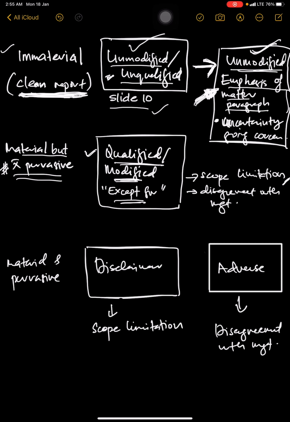For example, you have been appointed in February, but the accounting period ended on 31st December last year, so you are not able to perform your job because of scope limitation. Disagreement with management is the other criterion. If the management says A, you say B. If the management says yes, you say no. This is what we call disagreement with management.